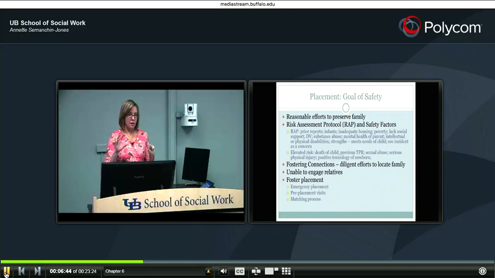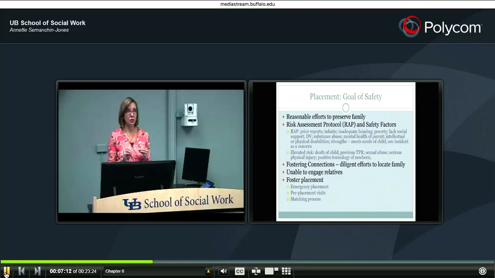So that context is happening. What are some of the reasons why? Some of the reasons is because there's been more efforts, again, focusing on family preservation. But if we think about those primary goals that we've been talking about for the past few weeks, the goals of safety, permanence, and well-being, the goal of safety is still primary.